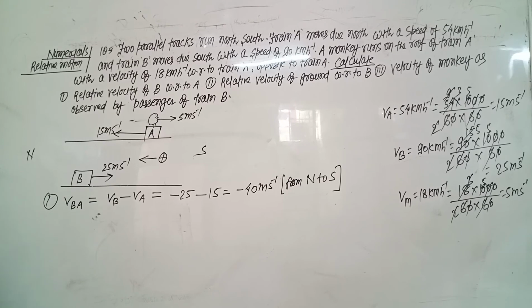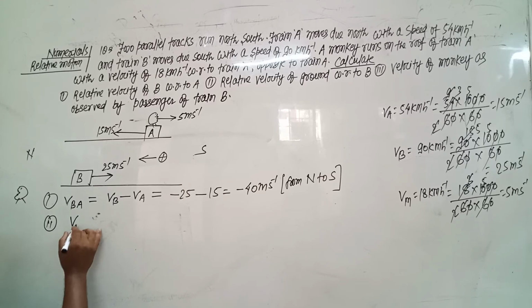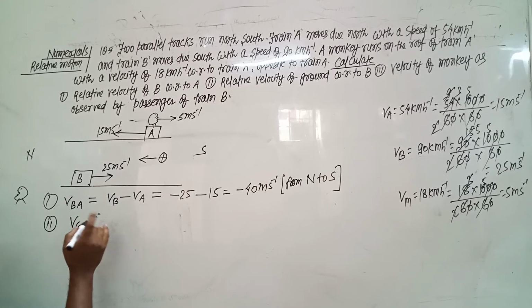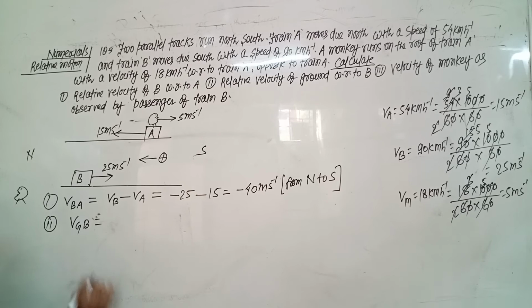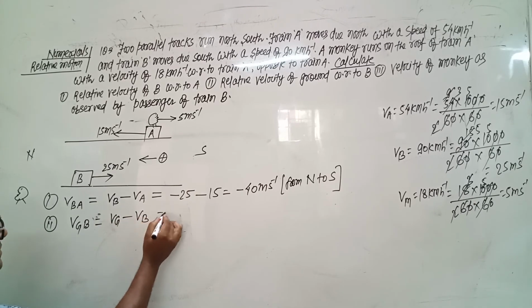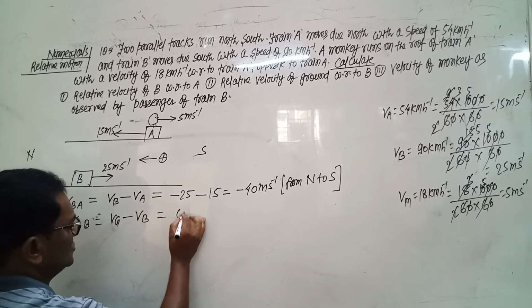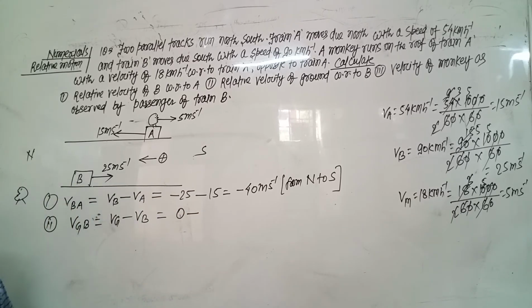Now we have to calculate the relative velocity of ground with respect to B. On ground, there is an observer. So second part, relative velocity of ground with respect to train B. VGB equals VG minus VB, and the observer on the ground is at rest, so its velocity is 0, minus VB.